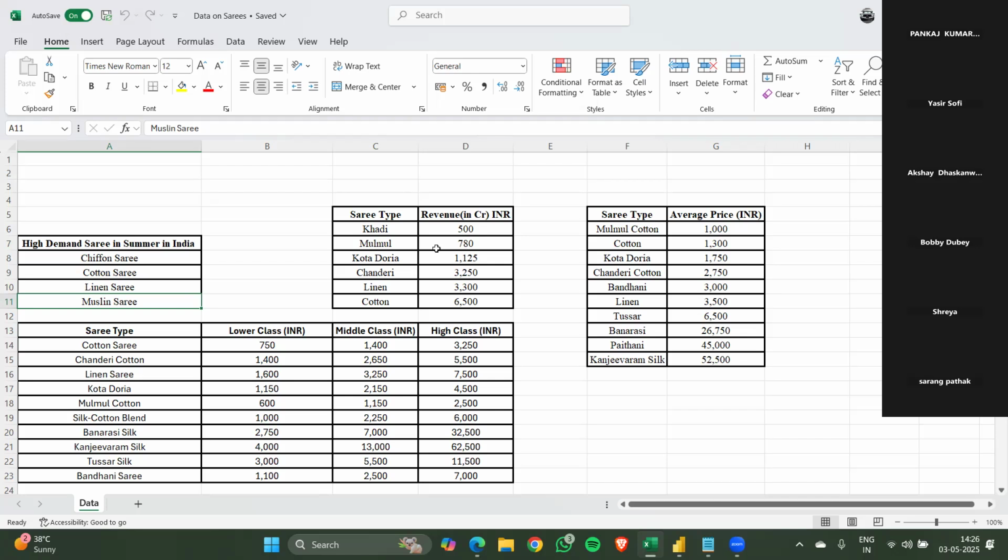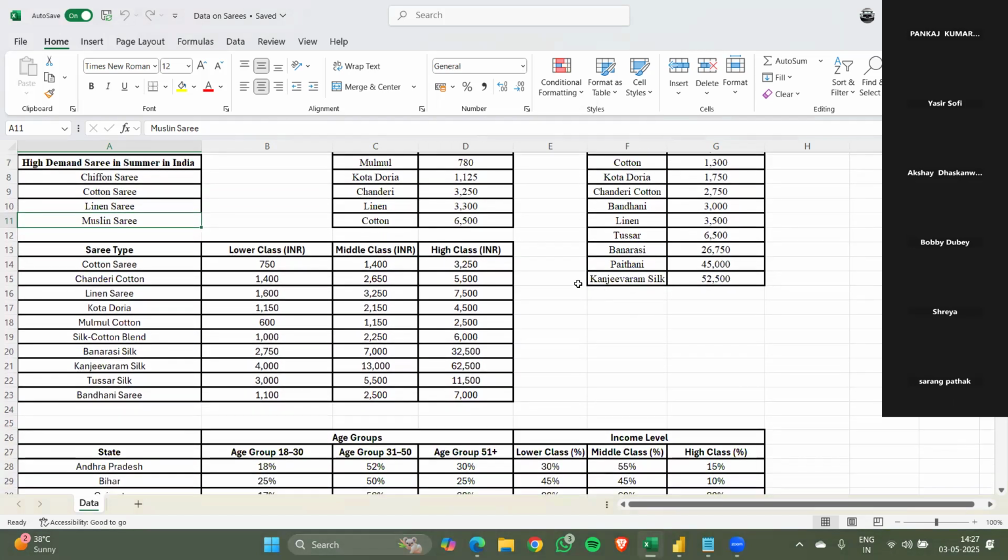Mulmul has a revenue of 780 crores. Cotton has the highest revenue of 6,500 crores during summers. The average price was least for Mulmul cotton at 1,000 rupees, and the highest was Kanchivaram silk at 52,500 rupees.